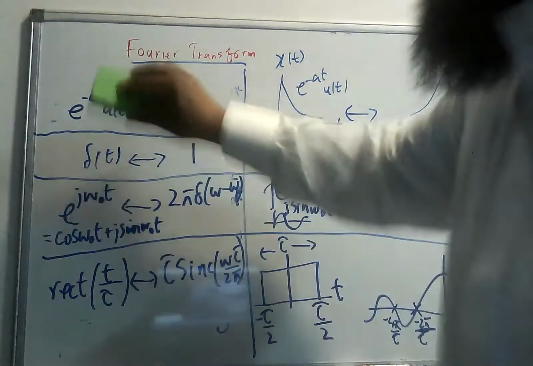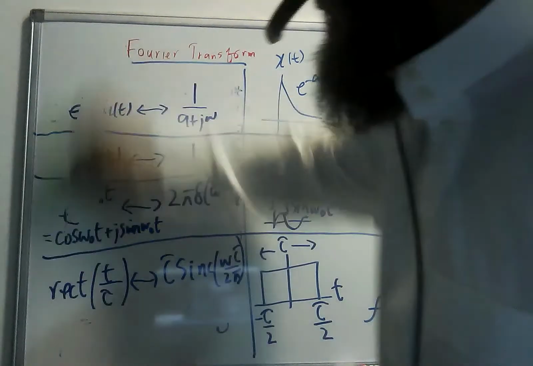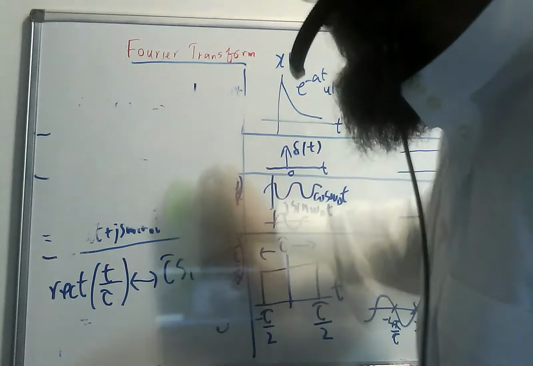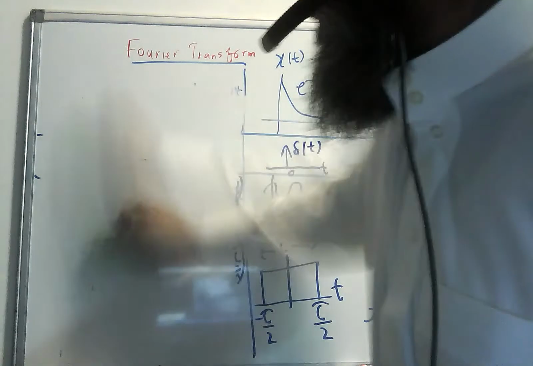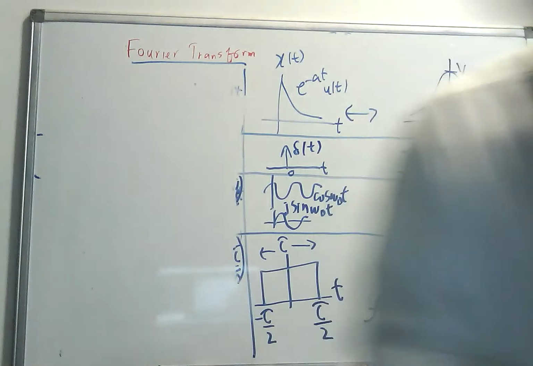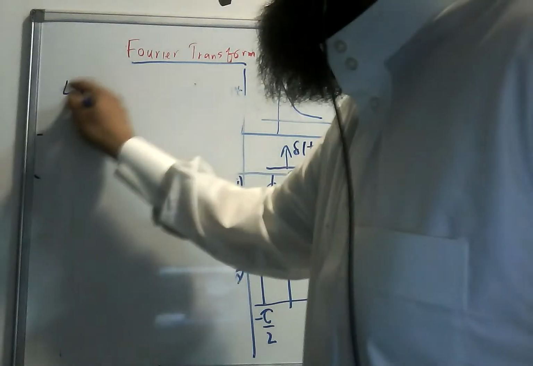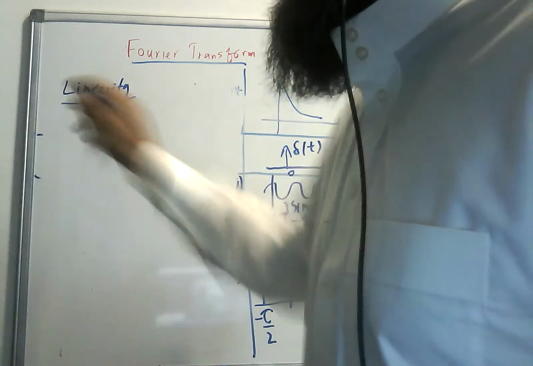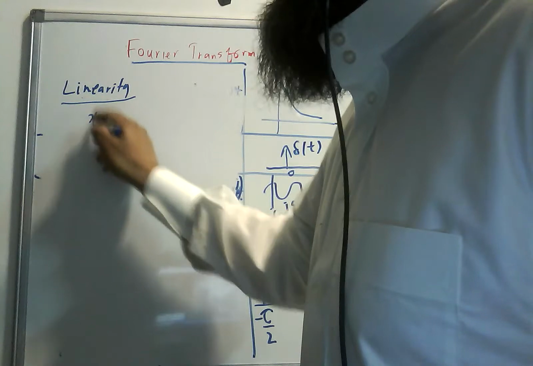Let me delete this side, and I will start the first property of the Fourier transform. So the first property is the property of linearity, which is very simple.